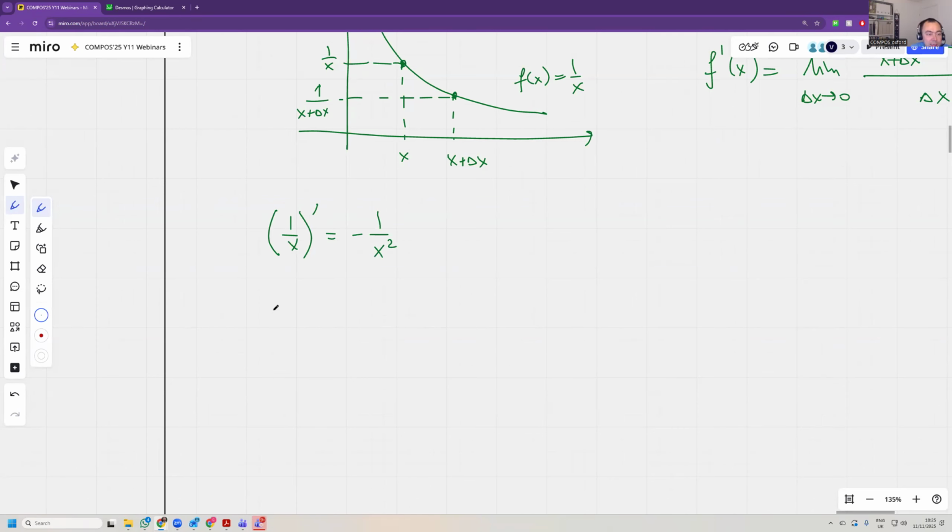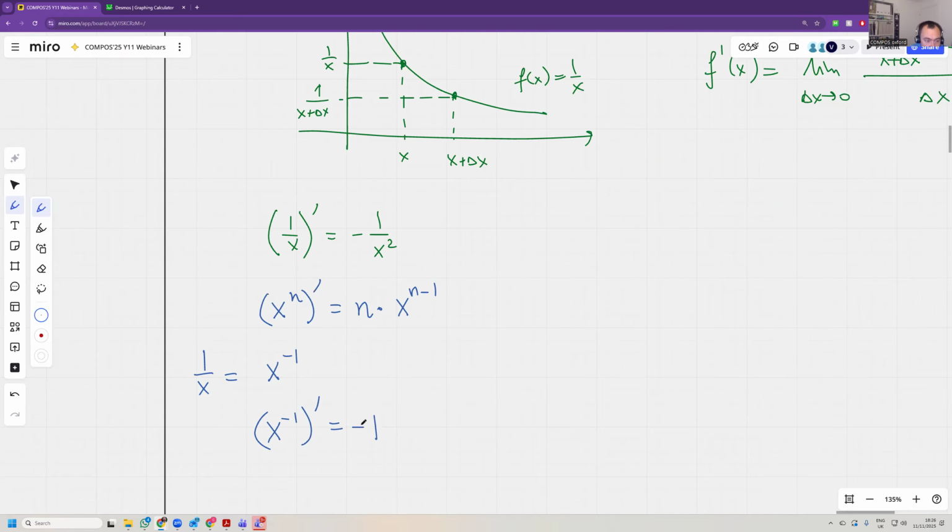How does that work? And how does that link to the previous? You remember previously we said that the derivative of x to the power n is n multiplied by x to the power n minus 1. Let's try. 1 over x is x to the power minus 1. So for x to the power minus 1, n is minus 1.